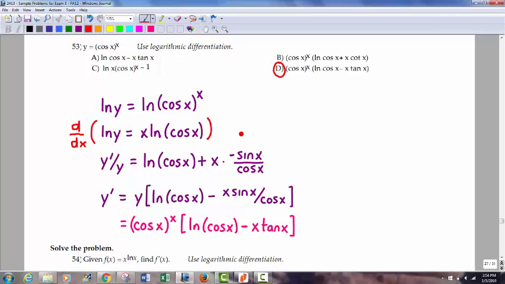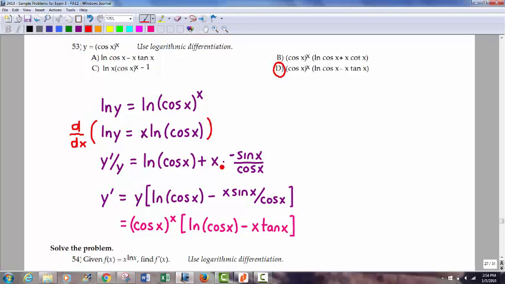All right, the derivative of natural log of u, we've seen, is u prime over u. So the derivative of cos of x is negative sine of x divided by that cos x. So the next step is down here, we multiplied everything through by y. You always bring the y over.